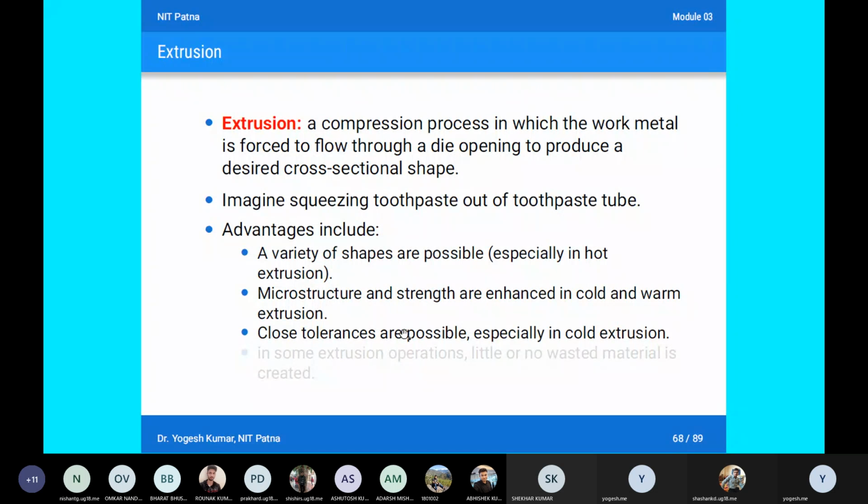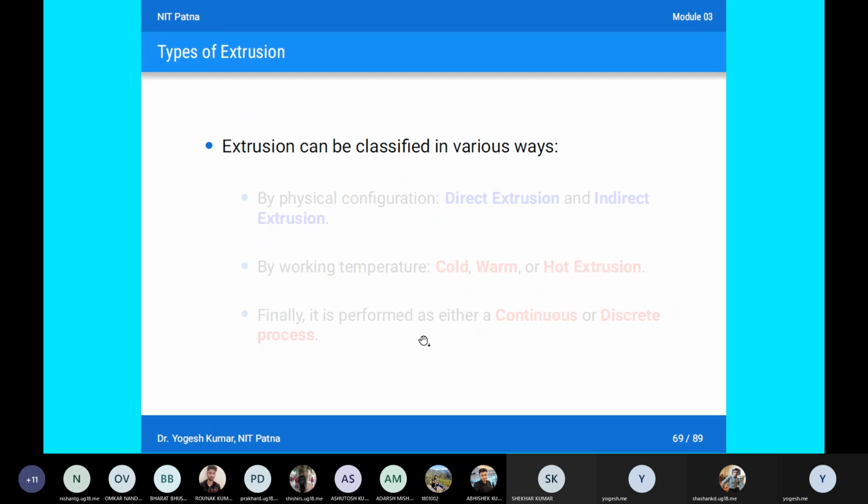It is obvious in all bulk metal forming processes that cold forming gives closer tolerances as compared to hot processes. Also, there is one greatest advantage of the extrusion process: there is no wastage or sometimes very little wastage of material in extrusion operations.